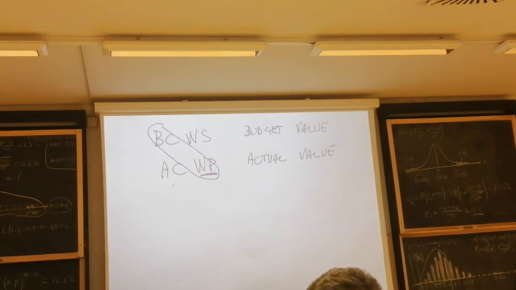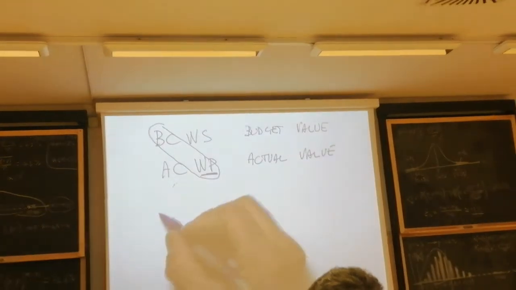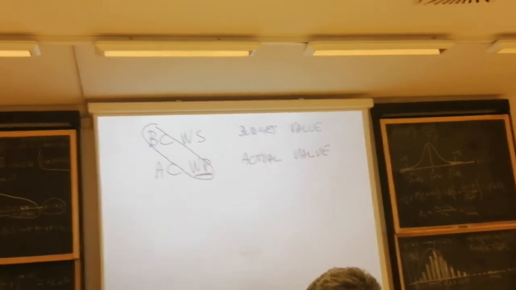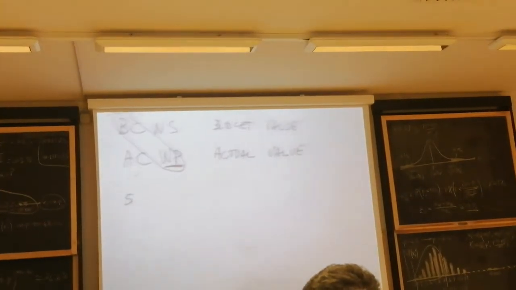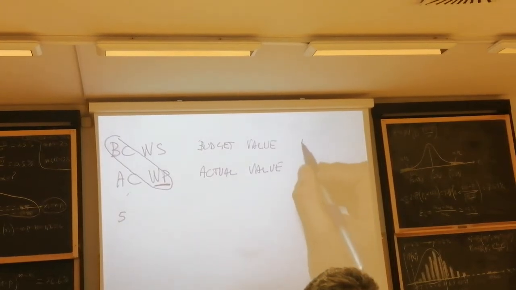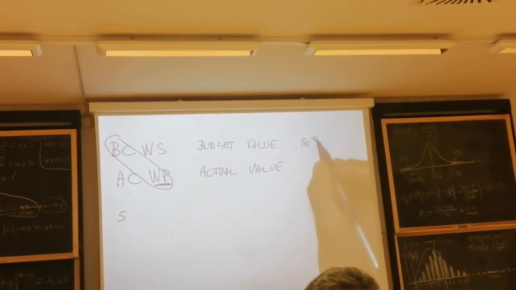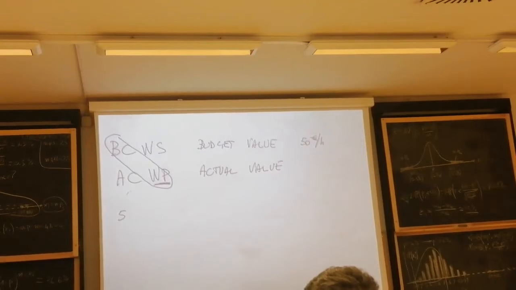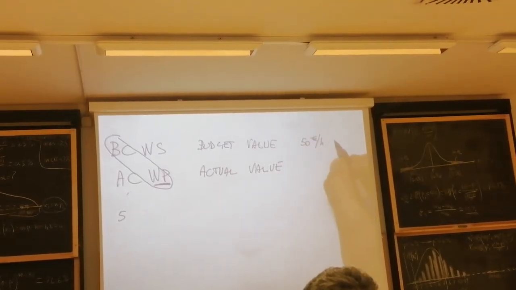So for instance, and this is what I would like you to explore, the work schedule so far could have been a 50, that's right here. I could have had 50 euros per hour times 100.